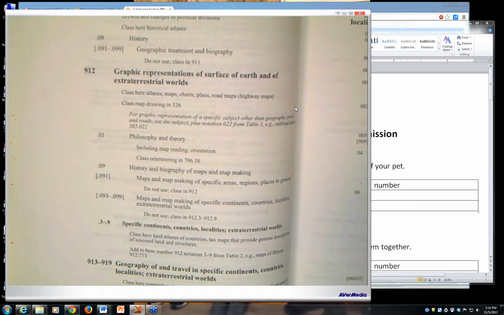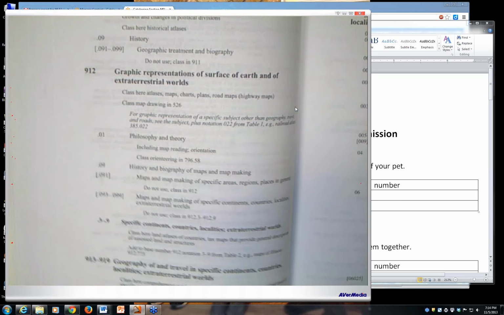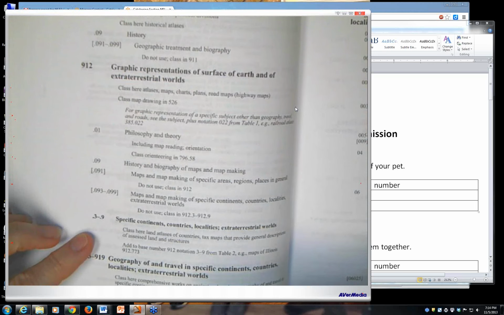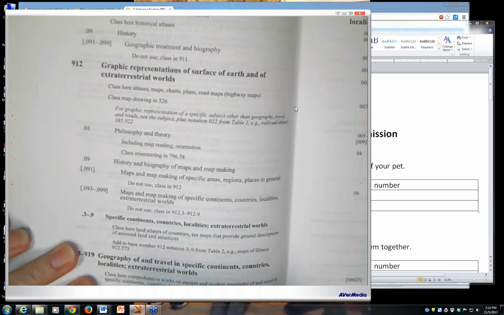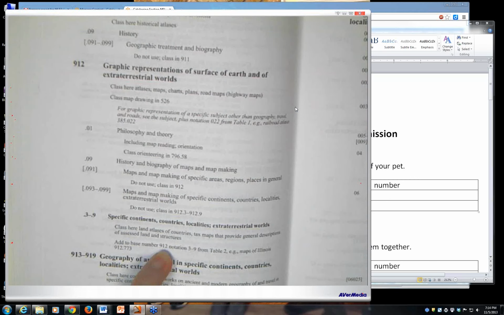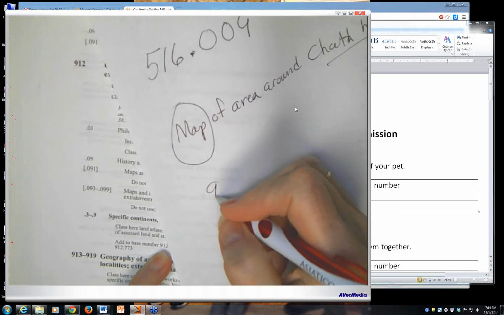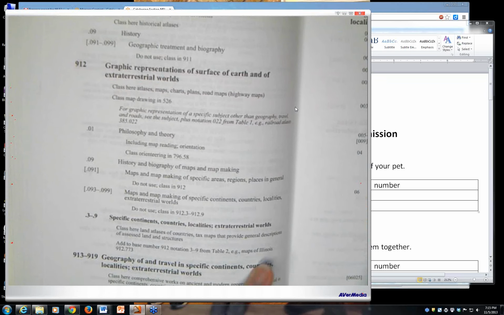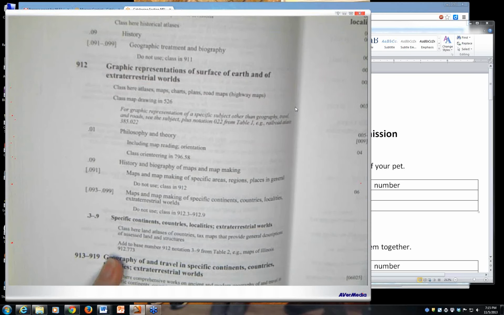So if we have a map of the area around the Chattahoochee River, if we want to be very, very specific, let's look. Add to base number 912. We stop. Write that down. 912 from table 2, and it gives you an example, maps of Illinois.